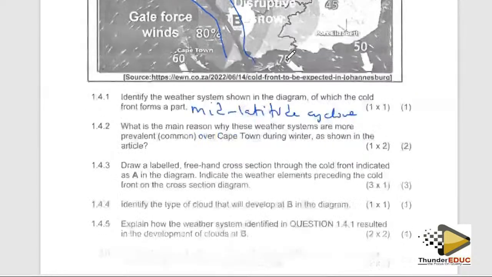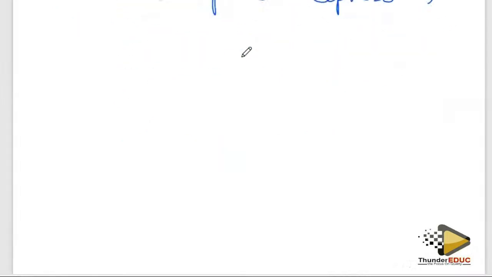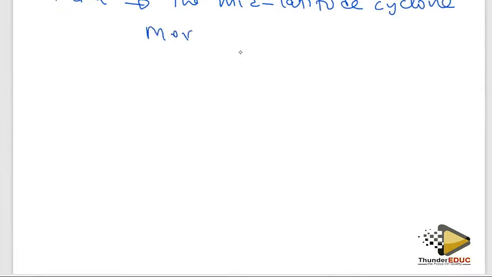Right. 1.4.2. So you could say the mid-latitude cyclone moves northwards. They move northwards.